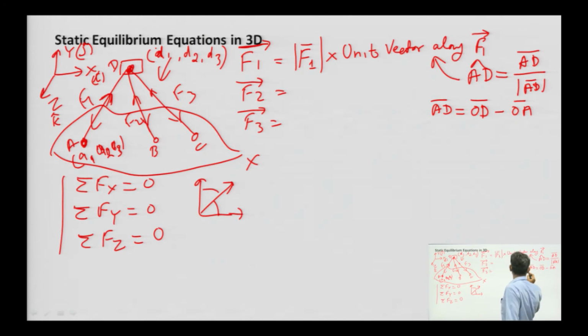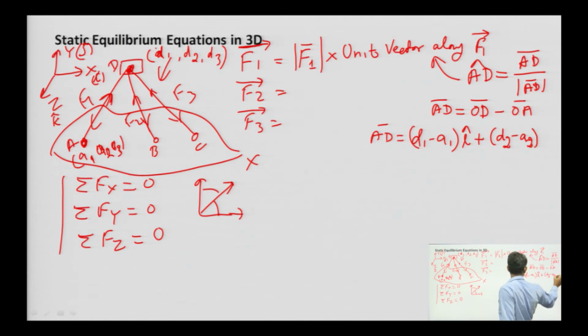So, what will be the value of this? AD will be (D1 minus A1) i cap plus (D2 minus A2) j cap plus (D3 minus A3) k cap. This will be the vector AD. Okay.